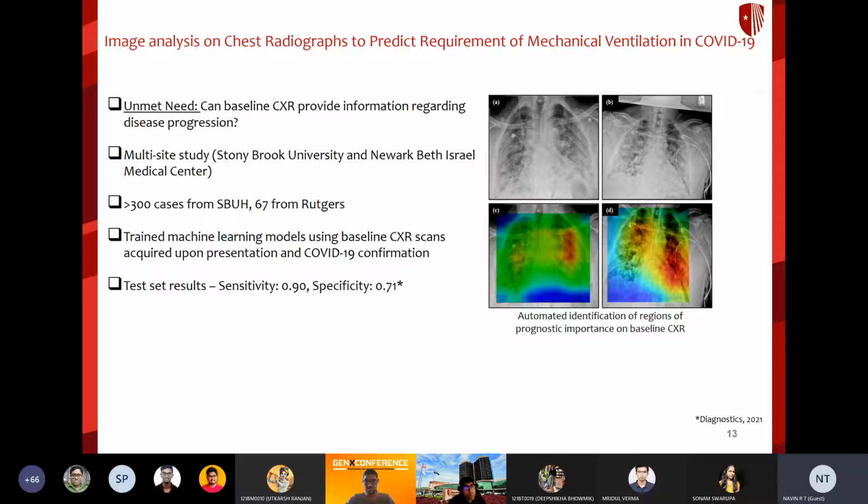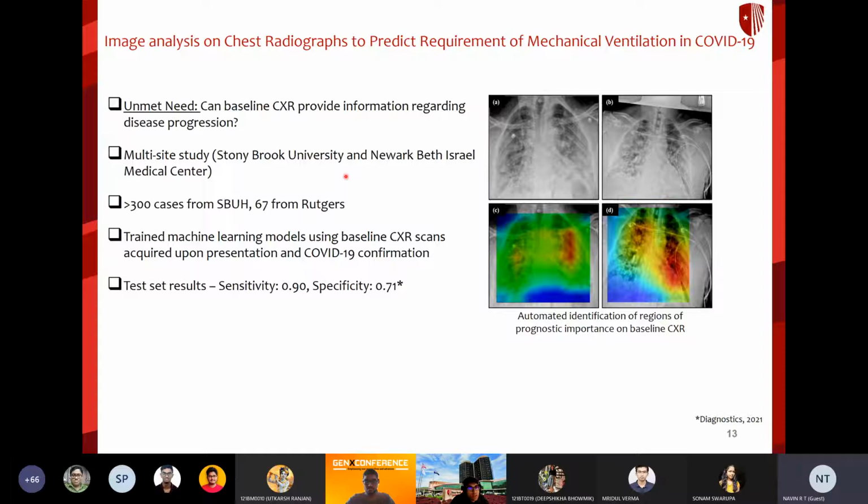So we thought, how about we use something that is abundantly available, such as chest radiographs, to predict the requirement of mechanical ventilation and mortality in COVID-19. Now, the unmet need here was to see whether these baseline chest radiographs or CXRs can provide information regarding disease progression.